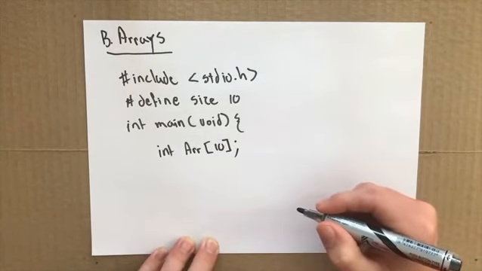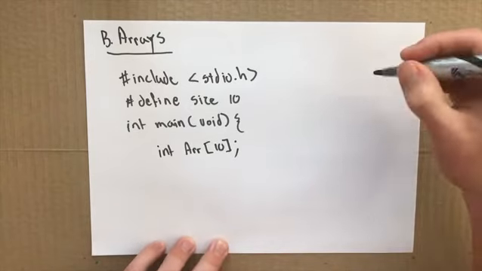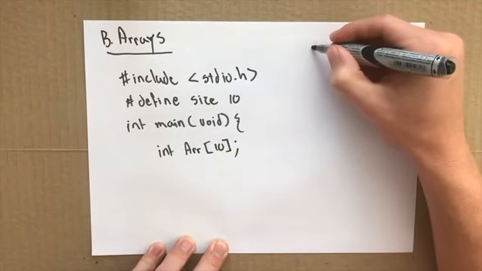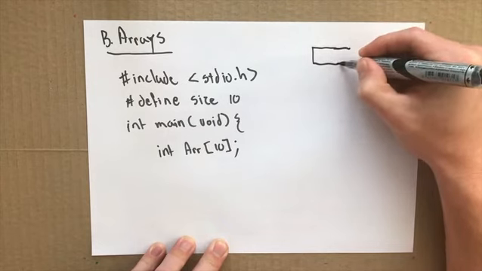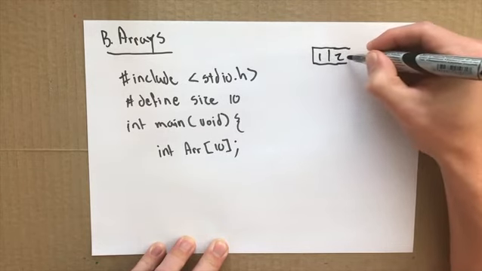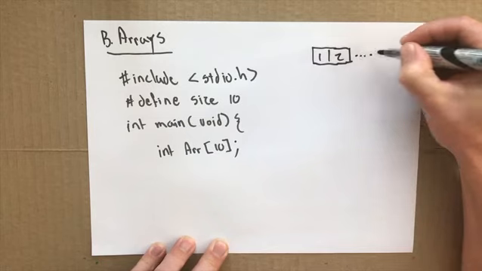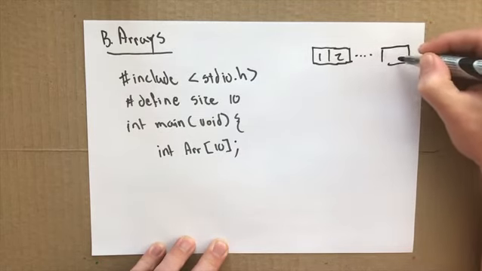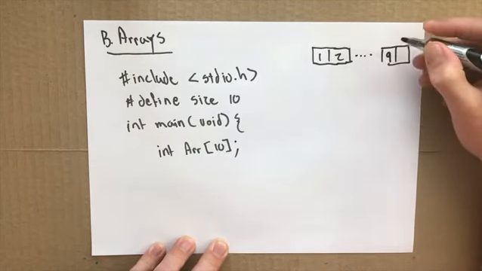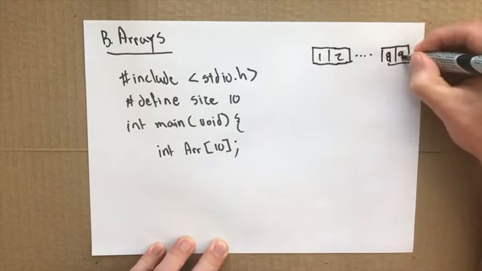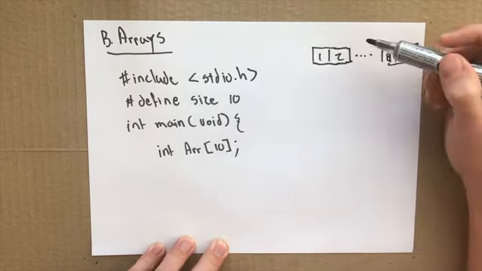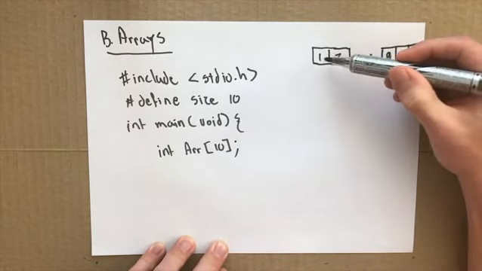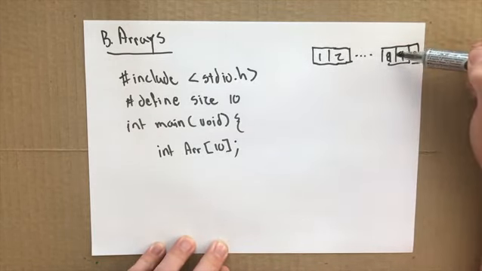And let's say for instance now we want this array to have values 1, 2, 3, 4, 5, 6, 7, 8, 9 and 10.